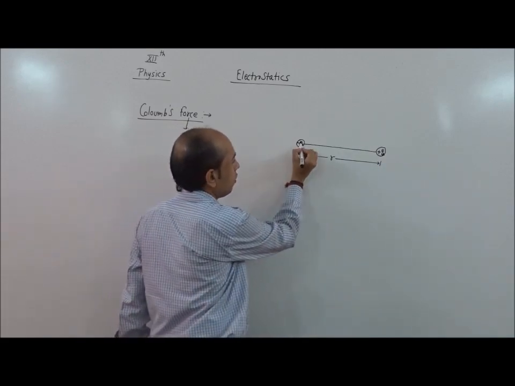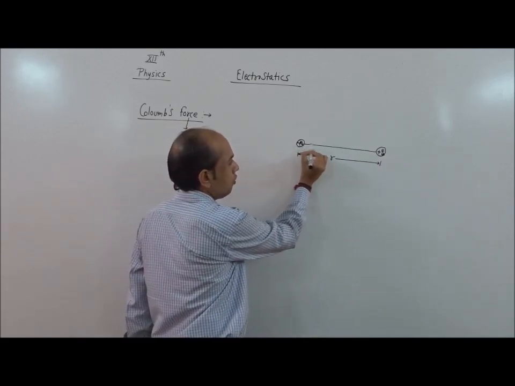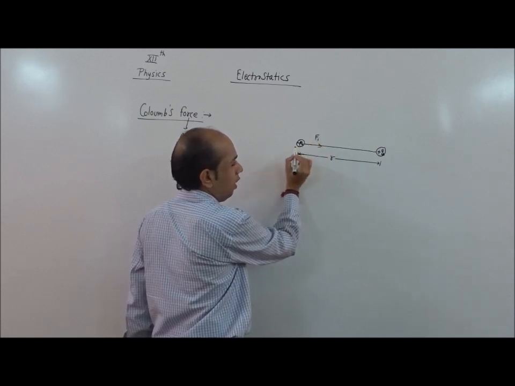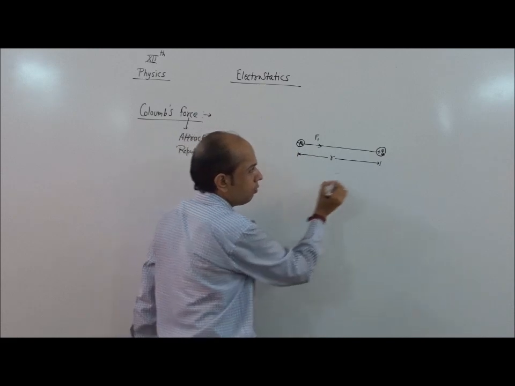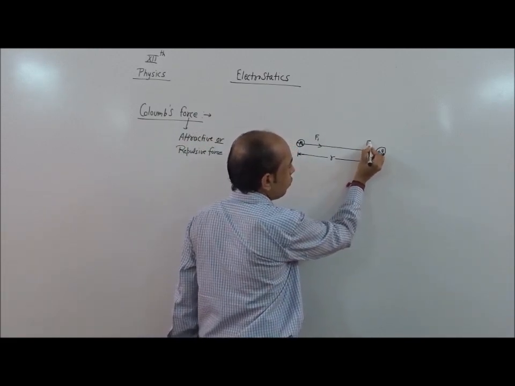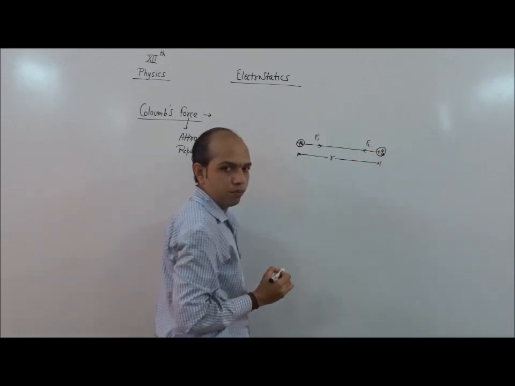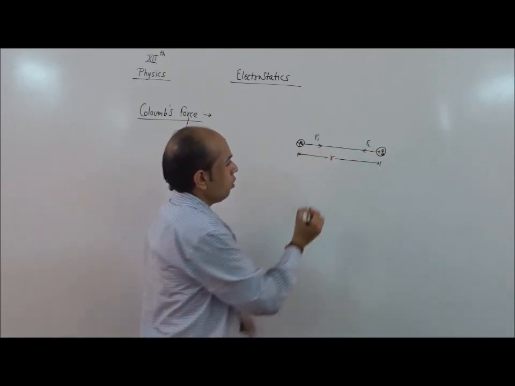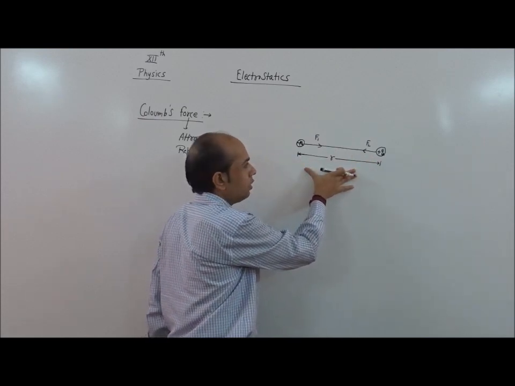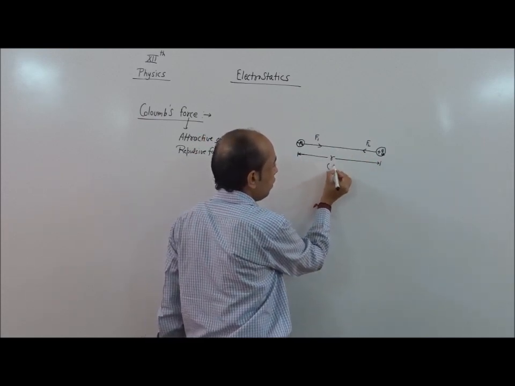Now what we see here, because of the plus Q charge, one force F1 is due to the first charge. Similarly for the second charge, one more force is there, F2. Because of the same charge, separated by distance r, this force is repulsive.